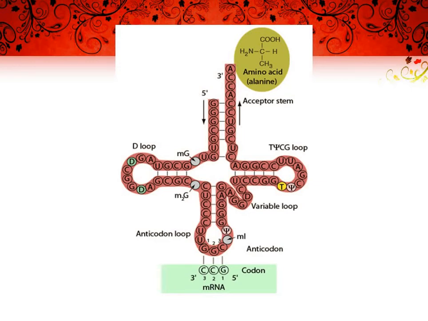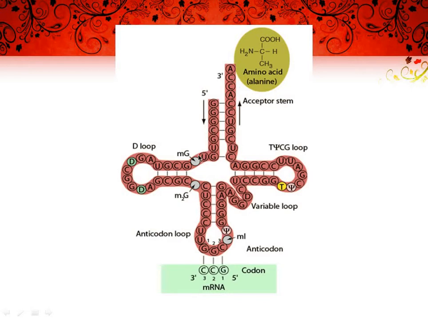At the 5' end, there is a guanosine nucleotide, and at the 3' end, there are 3 free nucleotides, CCA. This CCA end carries the specific amino acid. Hence, this end is known as the amino acid binding site.